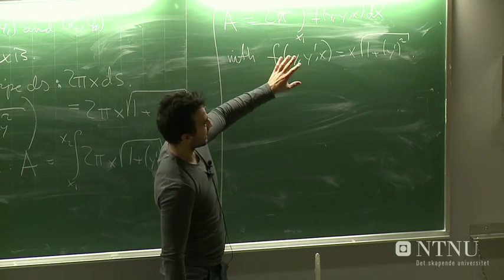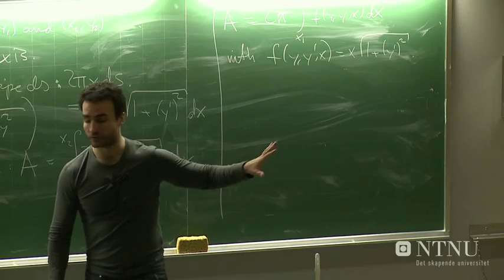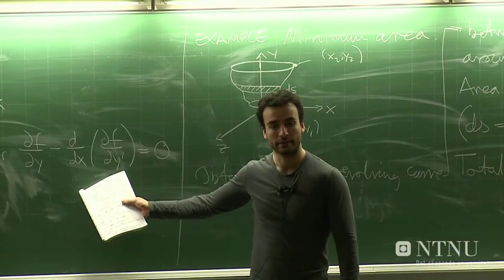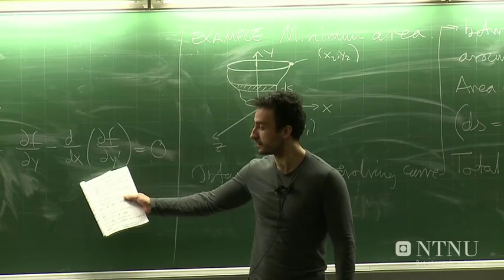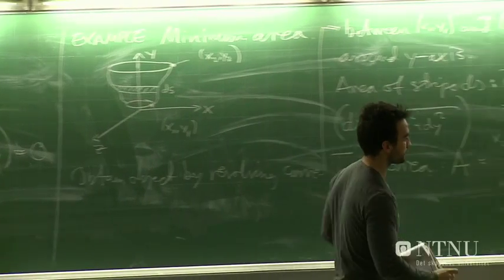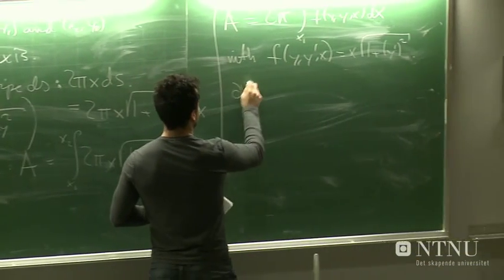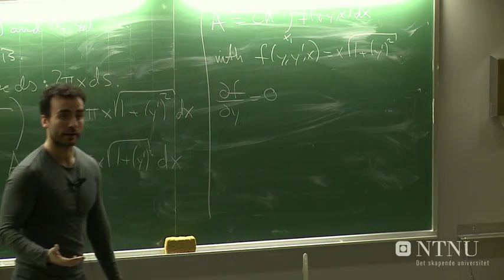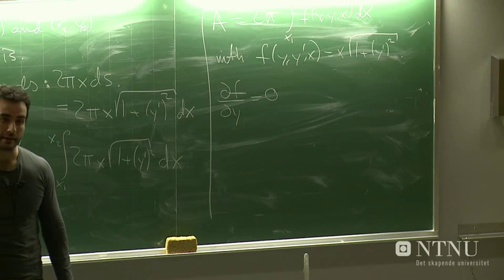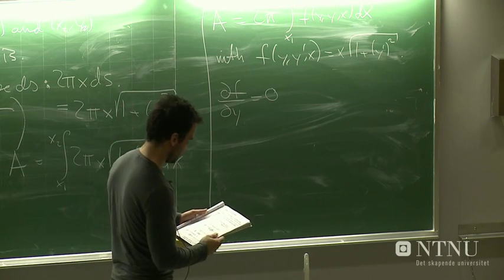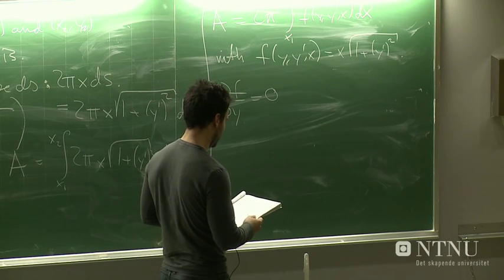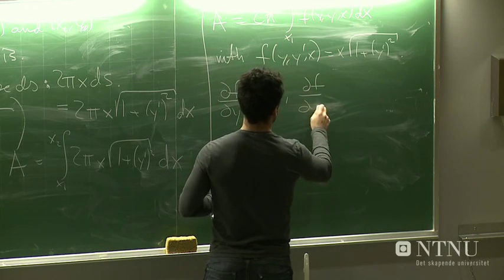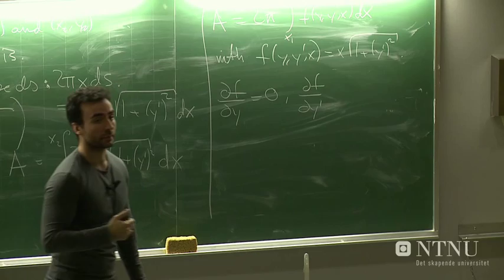Okay, so we've identified the function f, and then we can just start with the machinery here and compute the derivatives. Okay, so first off, there's no dependence on y, so the partial derivative with respect to y is 0. There is a dependence on y prime, however.